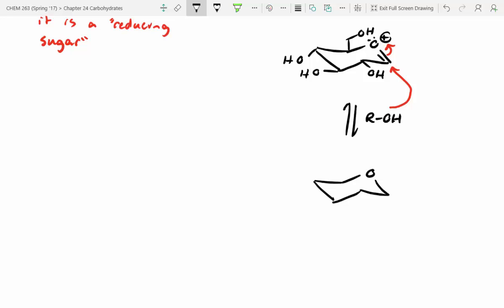And if you think about it, right, when that alcohol attacks, it doesn't have a strong preference of the top face or the bottom face. So oftentimes what people will show, instead of axial or equatorial position, they just do this zigzag notation. So squiggly line with an OR. That basically means it can be either or. And all of the other positions are untouched.